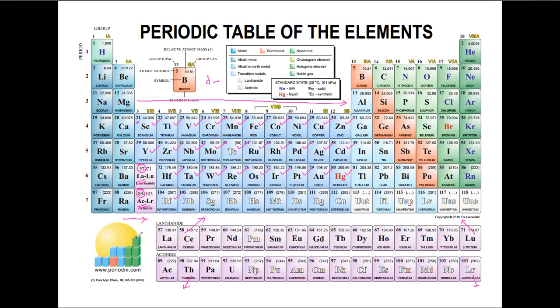Rutherfordium is also called Kurchatovium. Then comes dubnium, seaborgium, bohrium, hassium, meitnerium, darmstadtium, roentgenium, copernicium. So this is the fourth transition series. See, in every transition series, you got 10 elements. So there are a total of 40 D block elements, right?